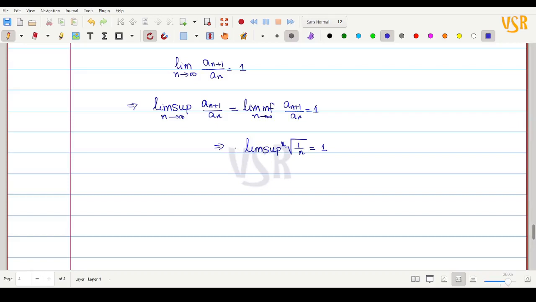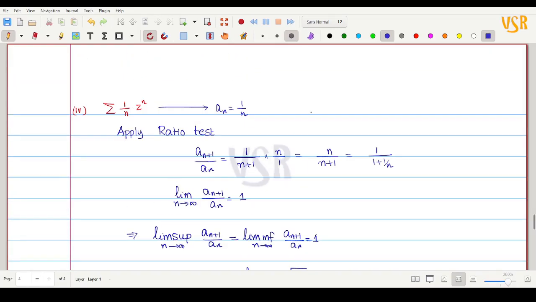Okay, this is alpha. இவ்வளவு தூரமே போயிருக்க வேண்டாமே, நம்ம ஸ்ட்ரைட்டாவே முடிச்சிரலாம். இங்க பாருங்க, alpha equal to limit supremum of nth root of 1 by n, கரெக்ட்டா. This is equal to limit supremum of nth root of, இல்லனா இப்படி எழுதிக்கலாம்.